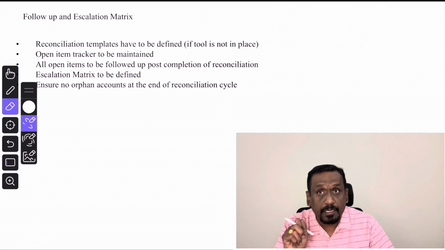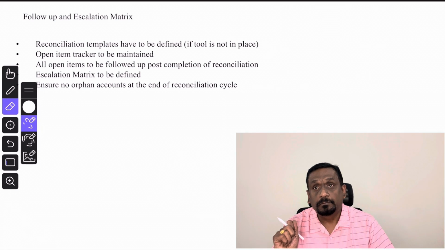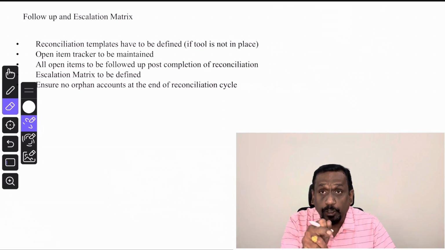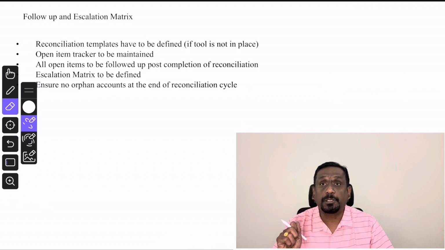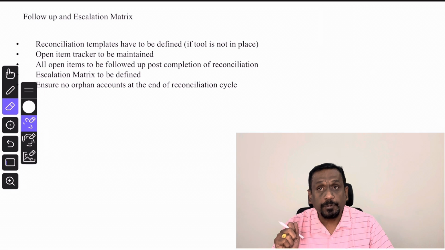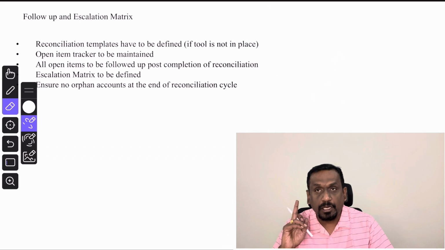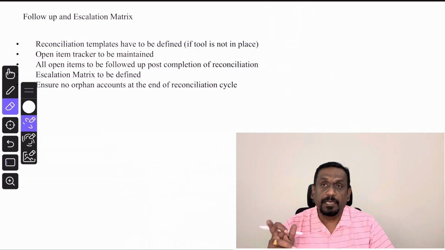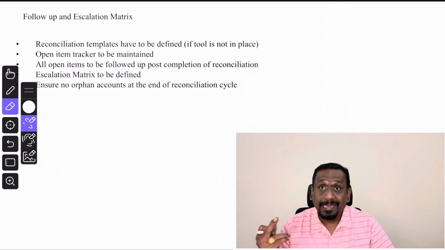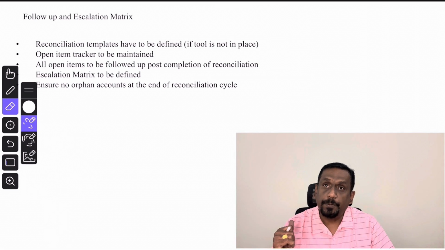You are the owner of that account. You need to take the responsibility to make sure that all the open items are cleared on a timely basis. So what are you supposed to do? You need to set up the calls during non-month end close. Talk to those counterparts. Talk to their management, your team leads or supervisors. Get the corresponding entries. So for that purpose, you need to maintain the open item tracker.